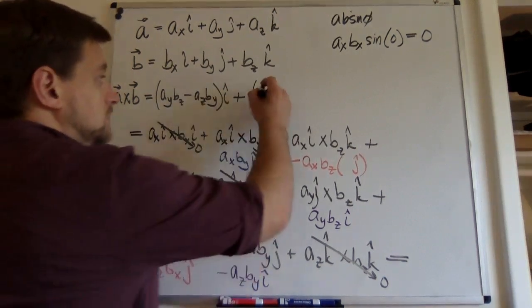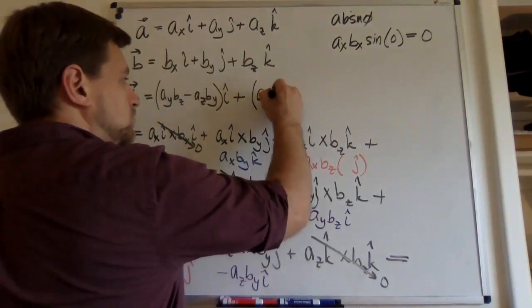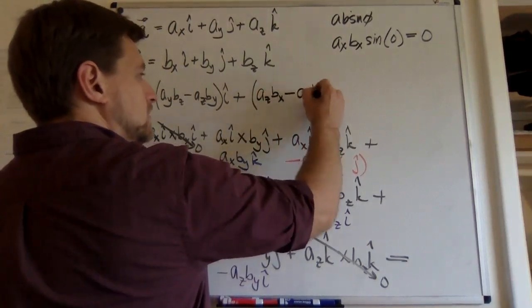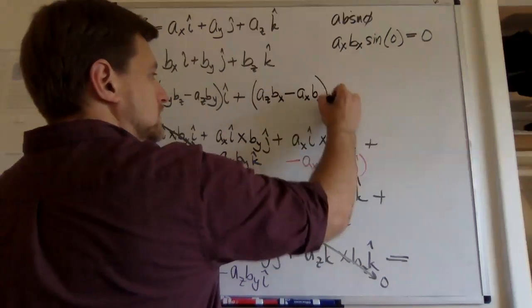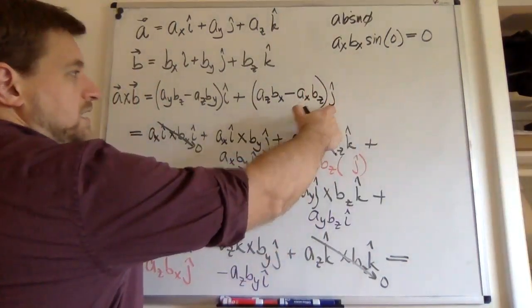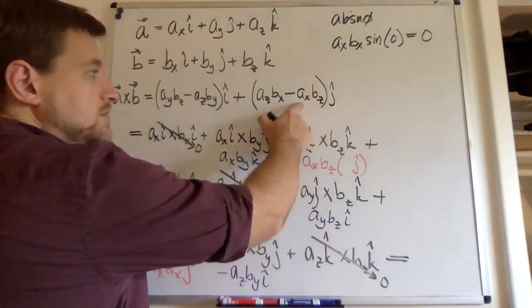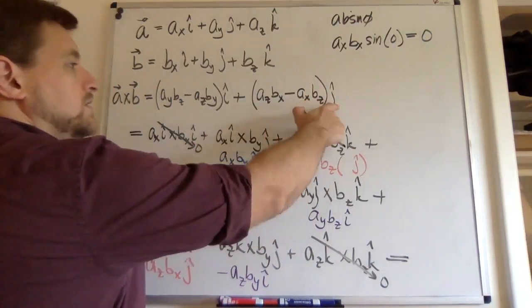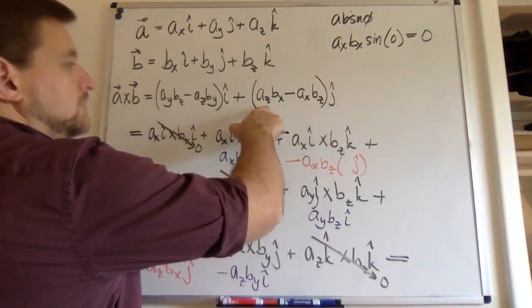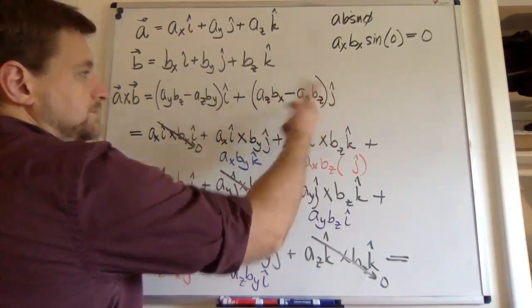AZ BX minus AX BZ. Again, we're talking about J. The expression doesn't use any Y components. We're starting with Y, we look at the next letter, AZ, BX, and then we switch them.